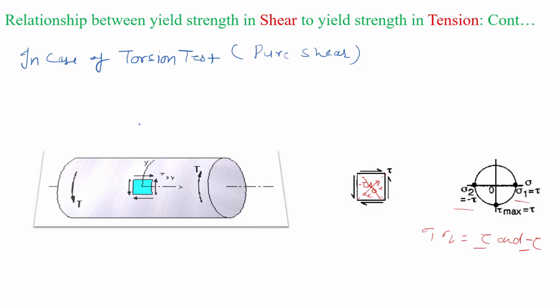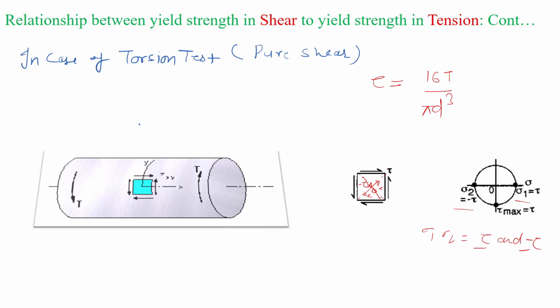Now when the component is subjected to the pure shear case, tau is equal to 16T over pi d cube.